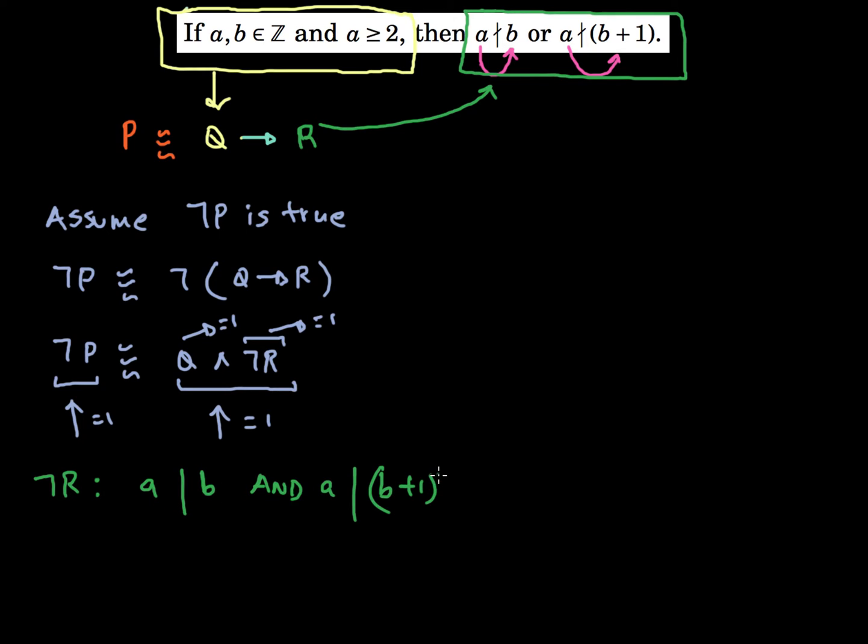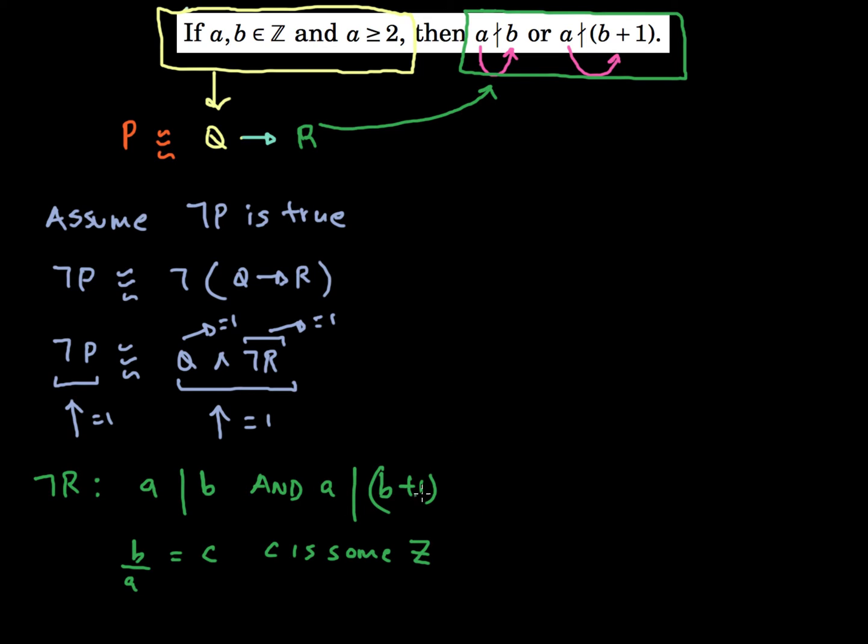Okay, if A divides into B, that tells you that B over A should equal some integer C, where C is some integer. Because it divides, there's no remainder, there's just a quotient, and C happens to be an integer.